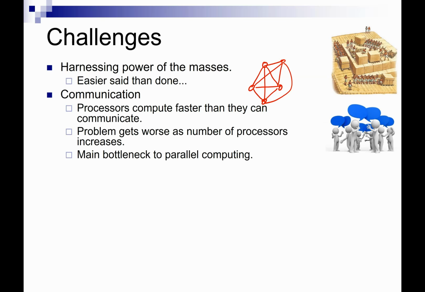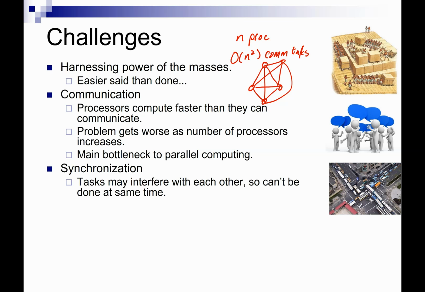In fact, if you have n processors and all of the processors need to talk to each other, we're going to have basically n squared communication links. So the amount of communication is growing quadratically compared to the number of processors, and this is one of the main bottlenecks for parallel computing.